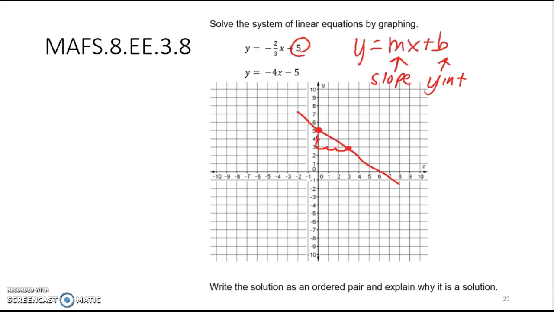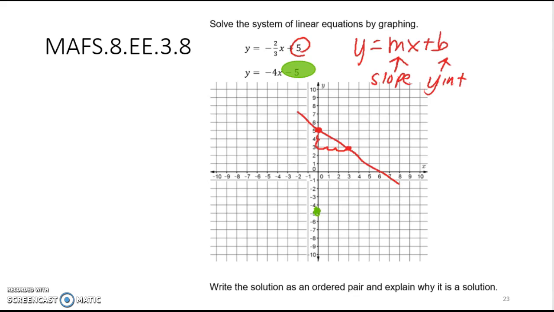All right. Next equation that I'm going to graph, I'm going to start with my y-intercept. That y-intercept is at negative 5. So I'm going to go where y is at negative 5. That slope tells me to rise 4 in the negative direction.